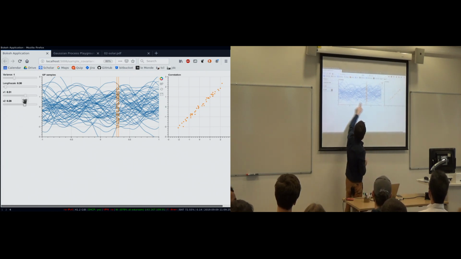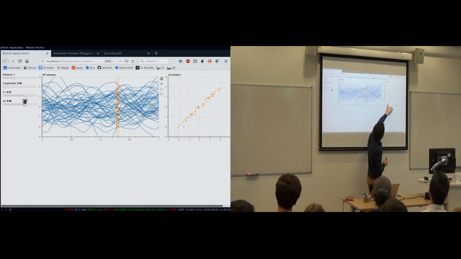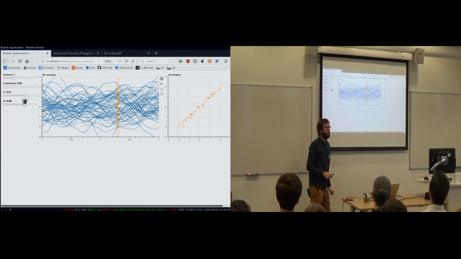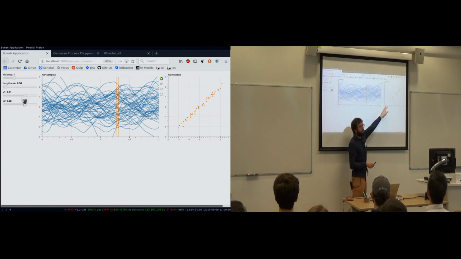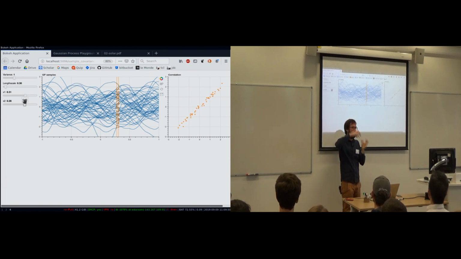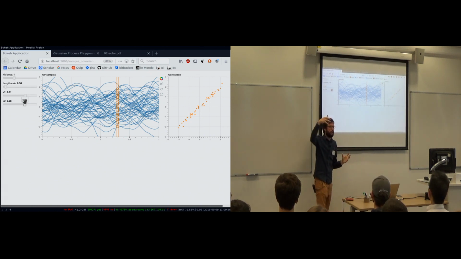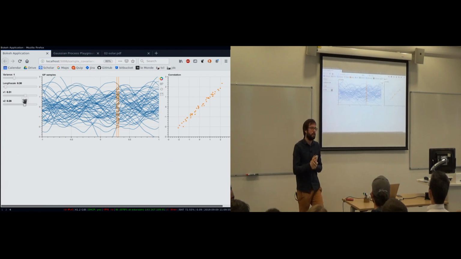So let's say this point here is at -2 and -2.1. No, on the right it's not a correlation matrix, it's just a scatter plot of the GP evaluated at two locations. I'm doing it with two locations, but I could do it with 4, 5, 6, and I would end up with a higher dimensional cloud of points, but it will always be Gaussian distributed.